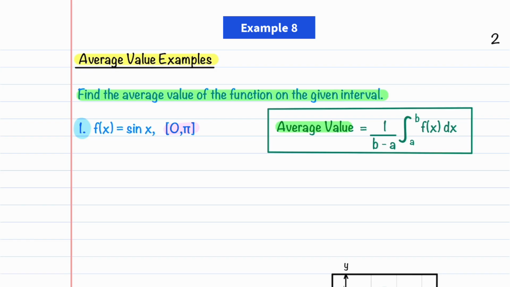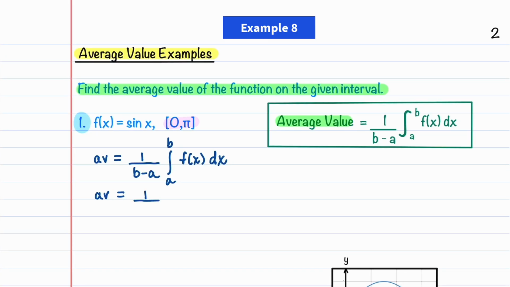We're going to start by writing down this formula. Our average value, AV, is 1 all divided by b minus a of the integral from a to b of f of x dx. I think the hardest part of doing these problems is just remembering that formula.